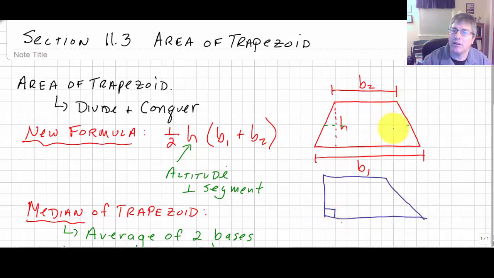But not every trapezoid is going to have an altitude, so you will have to create your own and then use Pythagorean triples or properties of a 30-60-90 or a 45-45-90 to calculate the height. So our formula, 1/2 height times (base 1 plus base 2): we add our two bases together and then multiply on through.